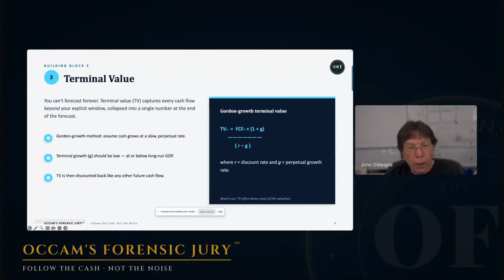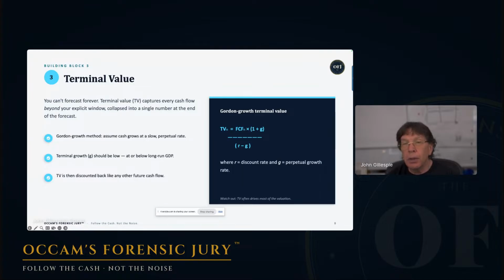So you can't forecast forever, and that's where terminal value comes in. It captures every cash flow beyond your explicit window. It's collapsed to a single number at the end of the forecast. The Gordon growth method assumes cash grows at a slow perpetual rate. Terminal growth, g, should be low, at or below long-run GDP.